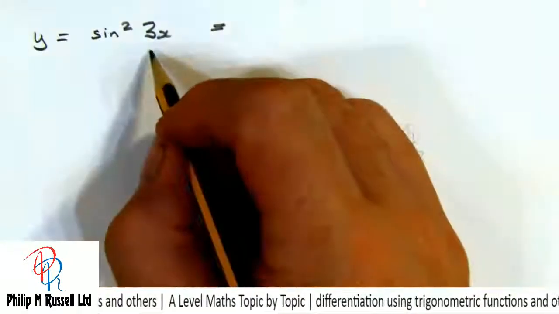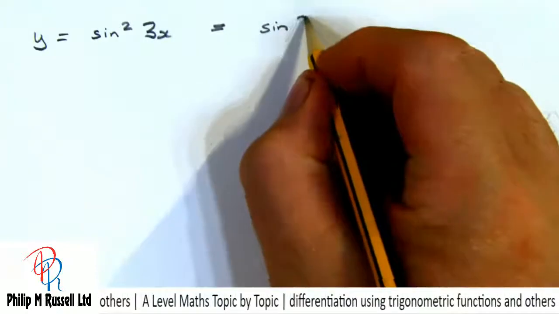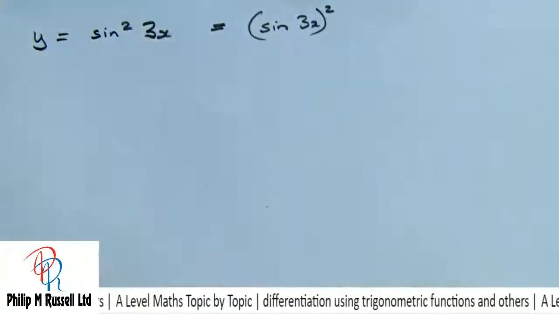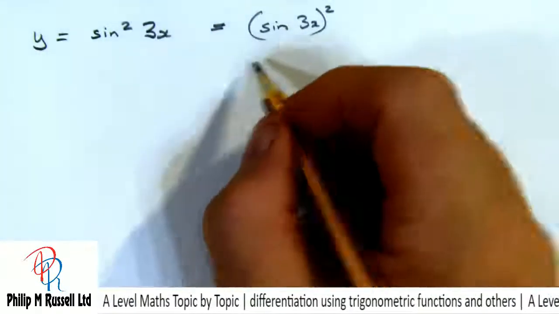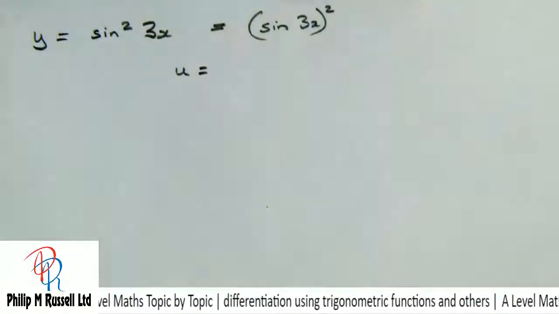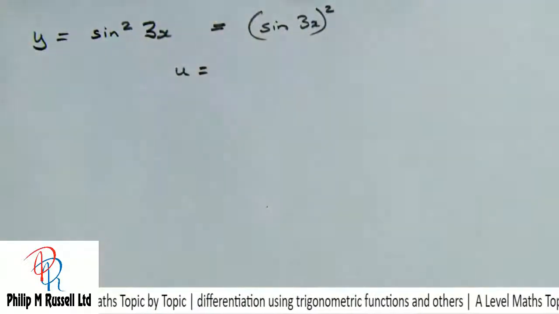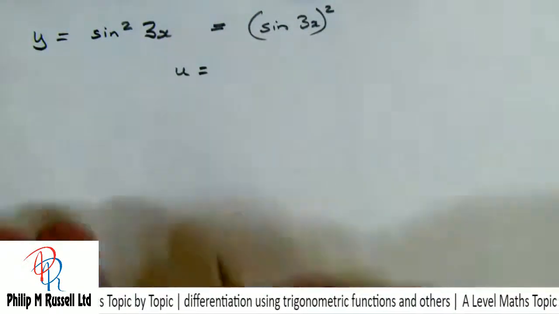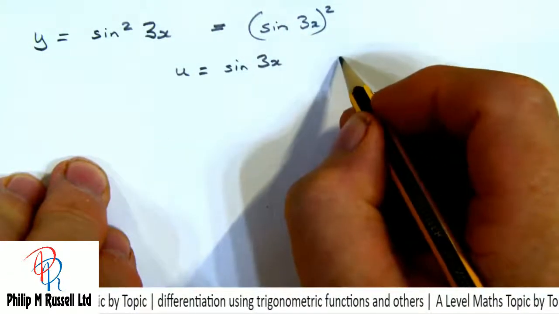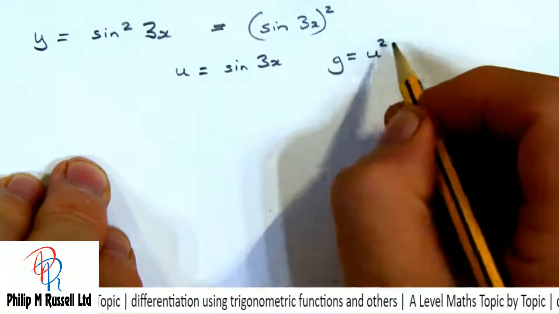Well, first of all, what does that mean? Well, that simply means the sine of 3x, squared. I'm going to let u equal something nice and simple like sine 3x, and my y is simply going to equal u squared.